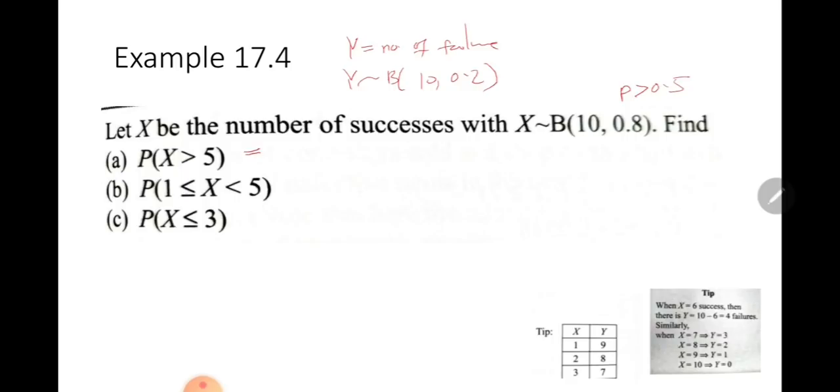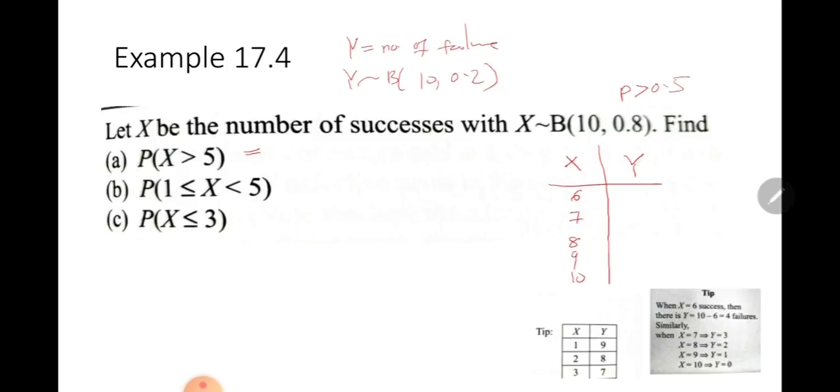Okay, so if you want P(X greater than 5), it goes like this. X greater than 5 means 6, 7, 8, 9, 10. Right? So you want to add X equals 6 plus X equals 7, 8, 9, 10.